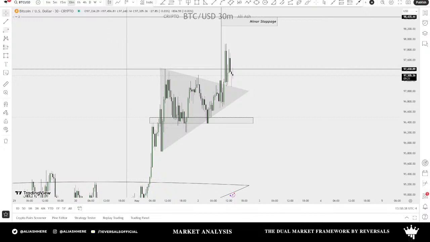Major change of character. Then we had this break of structure, and it broke the structure.